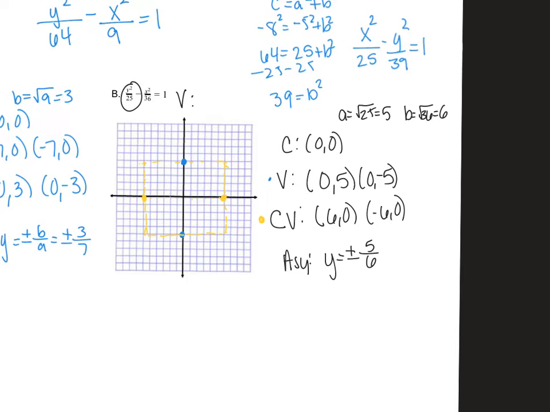Our center is at 0, 0. Our asymptotes go through each edge of the box and the center. And this is a vertical hyperbola. So the green is the graph. There we go.